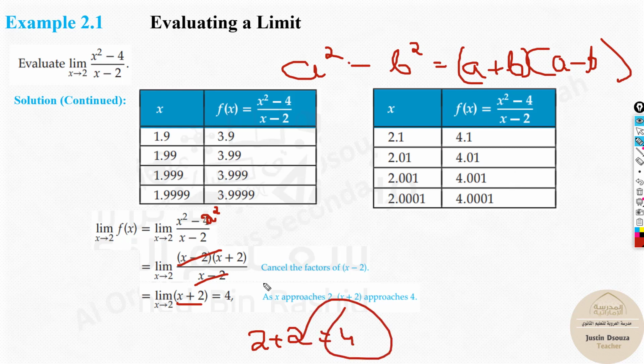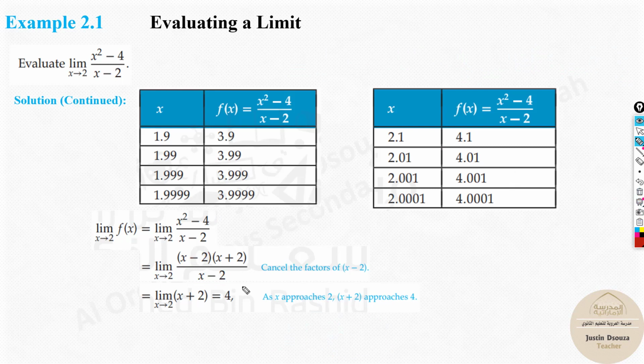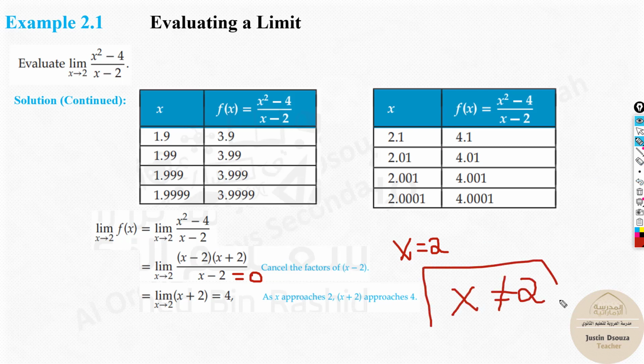The answer is 4. But remember, whenever you cancel a denominator, you can't forget this. Initially, this was undefined at 2. Why? Because when you equate the denominator to 0, x is 2. x cannot be equal to 2, because it will make this entire thing undefined.